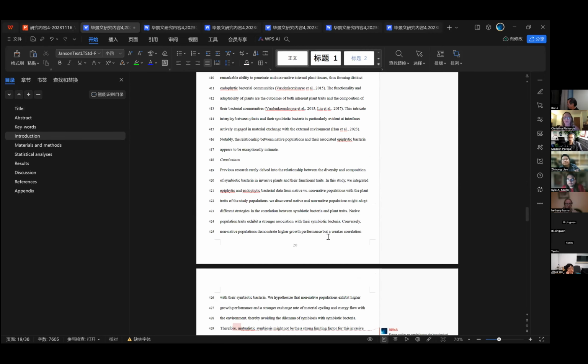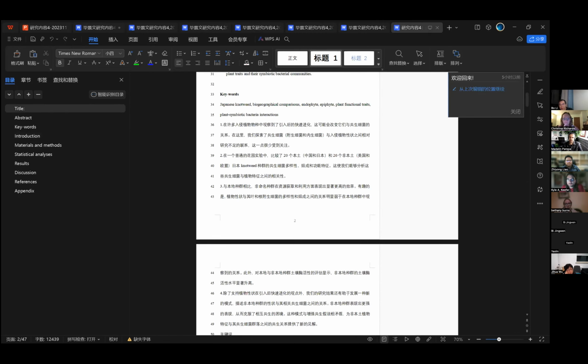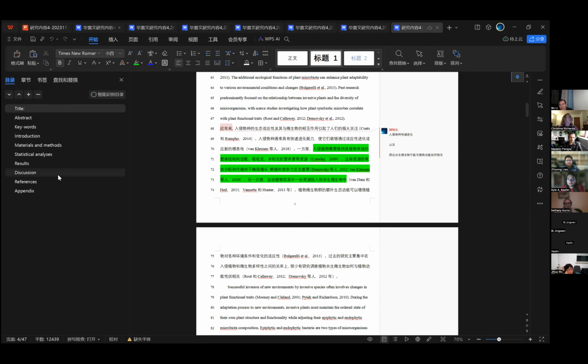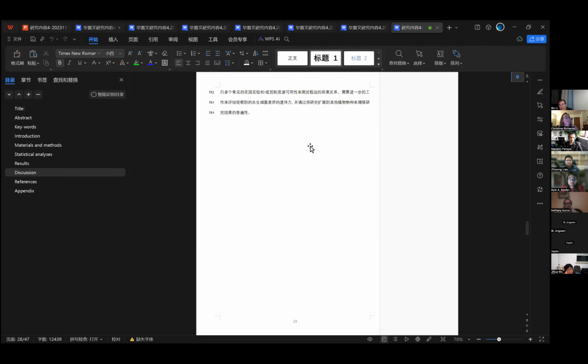Ah, okay. Yeah. We should separate both northern and southern populations, depending on how many populations were used in Chinese sites.